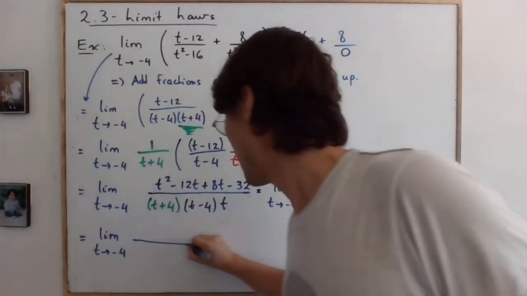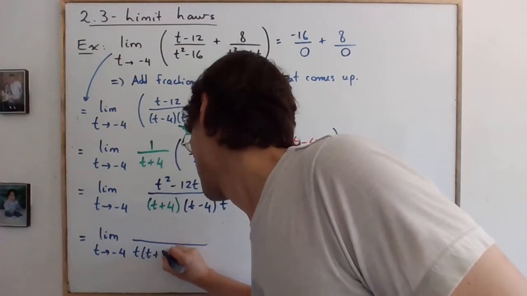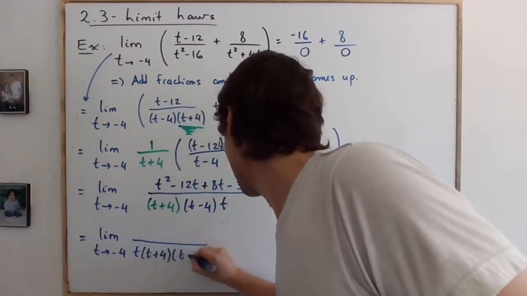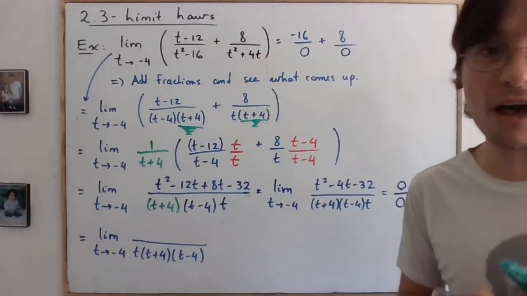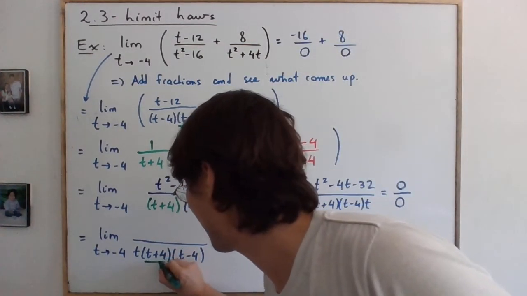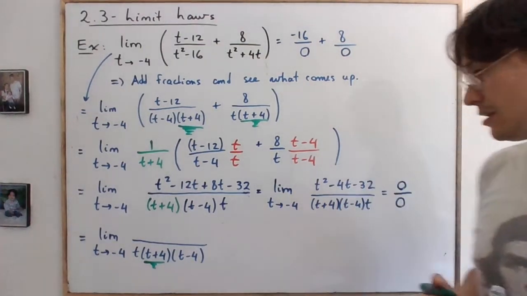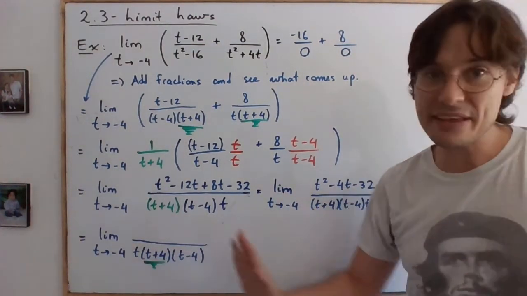The bottom, we like it as is. Don't go expanding. Remember that your goal is to cancel a factor that's approaching 0, and we already have it at the bottom. We already have this t plus 4 that we are aiming to cancel. So that's why you don't want to do anything with this.